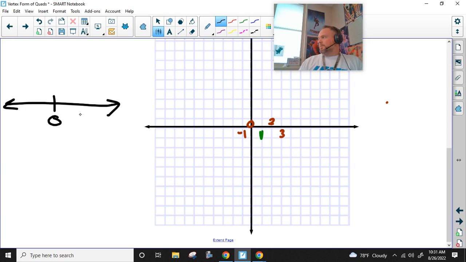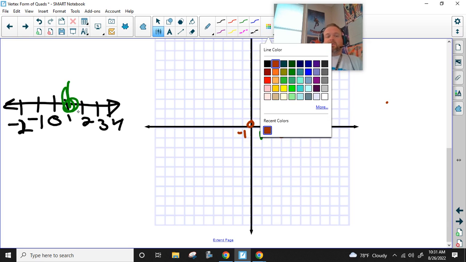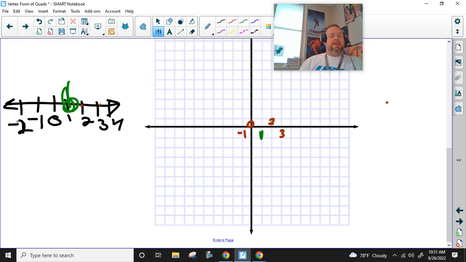If this is 0, to the right is 1, 2, 3, 4, all the way to infinity. Left is -1, -2, all the way to negative infinity. I started right here because that was my H value. So if I start right here, my 2 numbers to the right are 2 and 3, and 2 numbers to the left are 0 and -1.